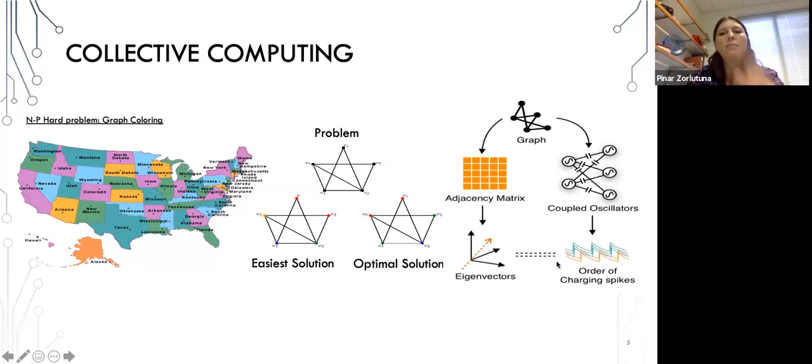And there's a huge deal of mathematics going behind it, and there have been groups that, as I mentioned, try to use different types of oscillators for this purpose. And so far, the CMOS ones look more promising.